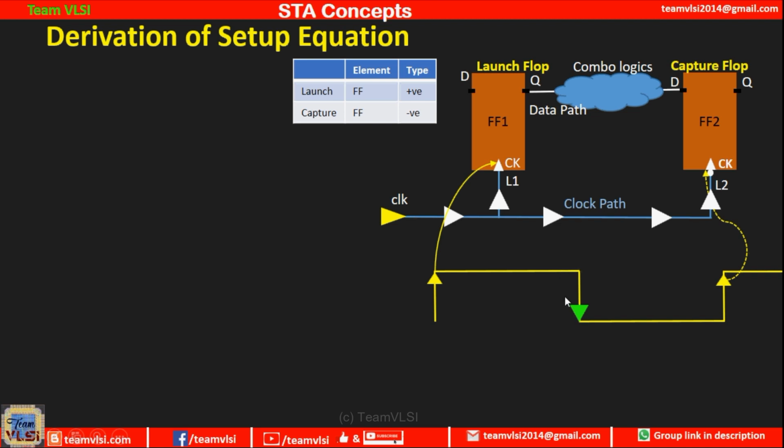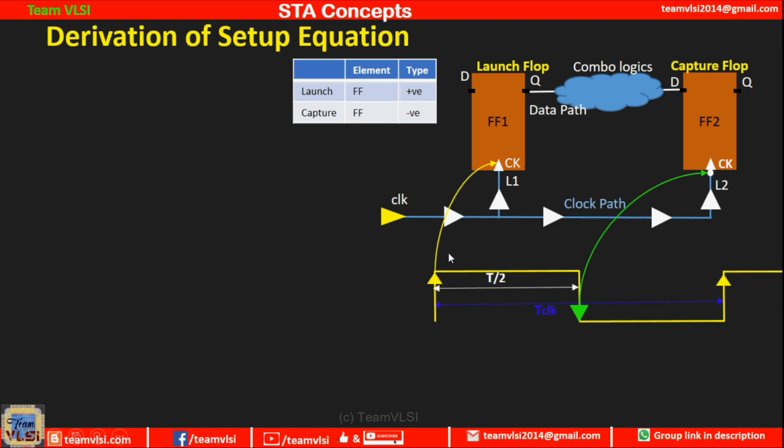So instead of capturing the data on the positive edge, it will be captured on this negative edge. If the clock has clock period TCLK, then in this case we have only T/2 time to meet the setup time. So we have only half a clock cycle on which our setup is being checked.